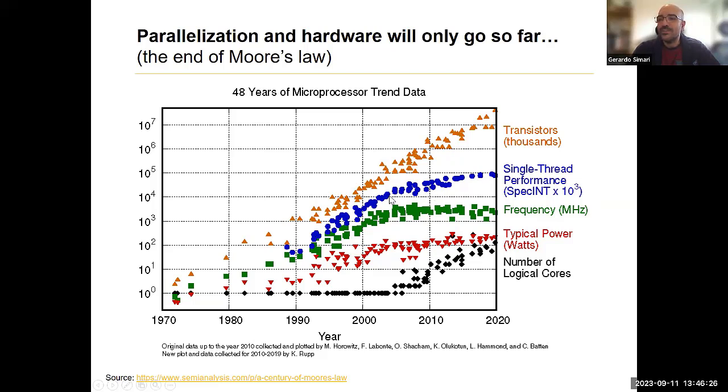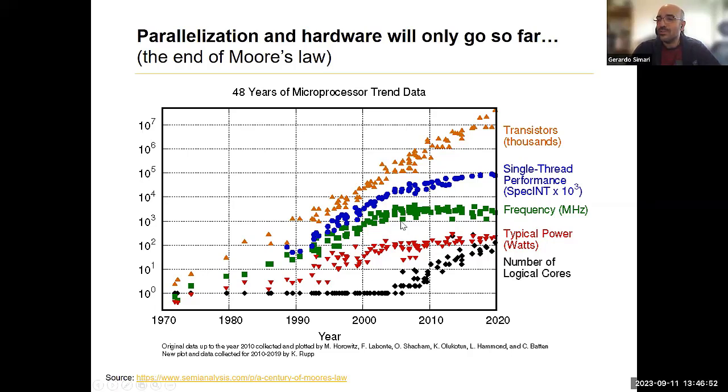So essentially what was going on is that Moore's law, which was originally formulated as the number of transistors on a chip roughly doubling every 2 years, kept going. But up until that point, there was an understood equivalence between the number of transistors on a chip and the speed of that chip, right?